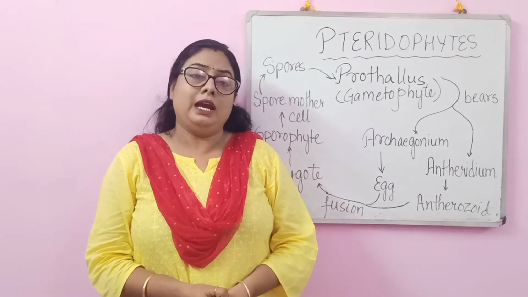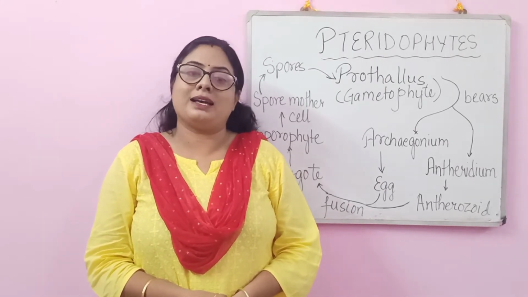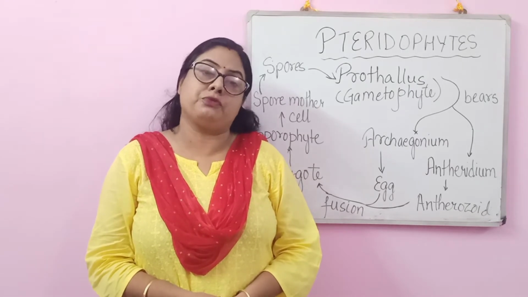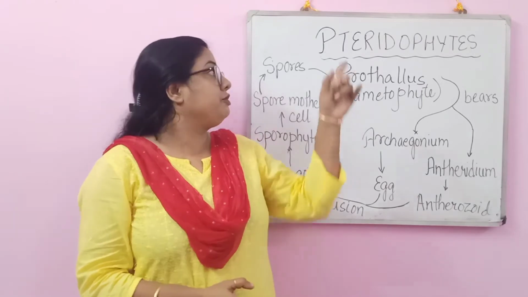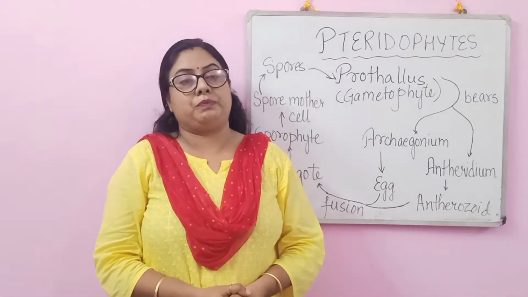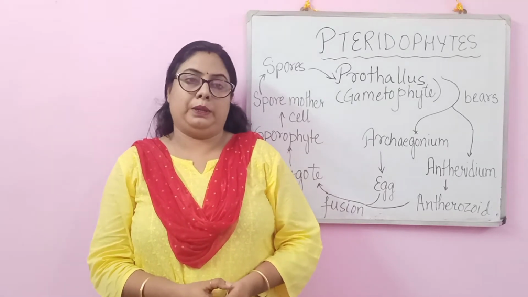The plant body is represented by the sporophyte, which has true leaf, stem and roots. The leaves in Pteridophytes are of two types, the microphyll and the megaphyll.